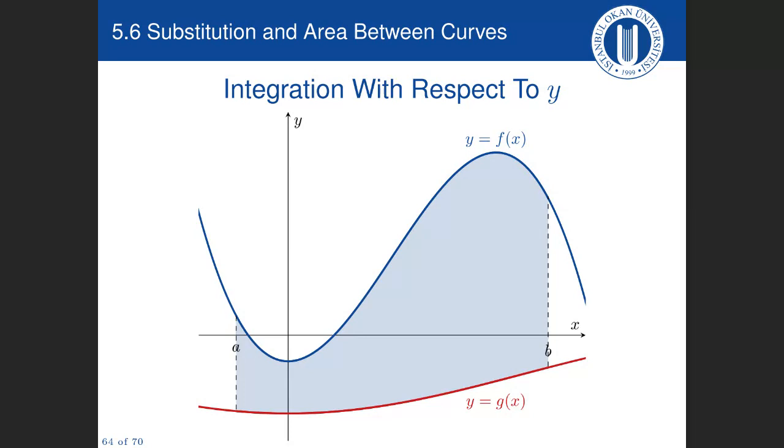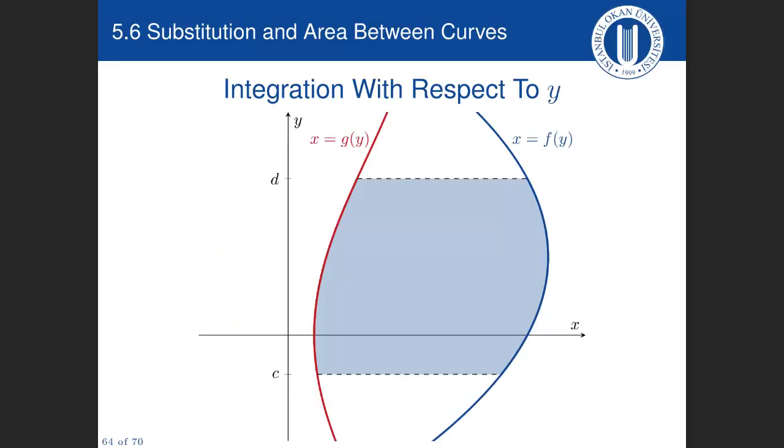So that was integration with respect to x, but we could also do integration with respect to y. Instead of a picture like this, let's suppose we have a picture like this. Instead of a top function and a bottom function, we have a left function and a right function.